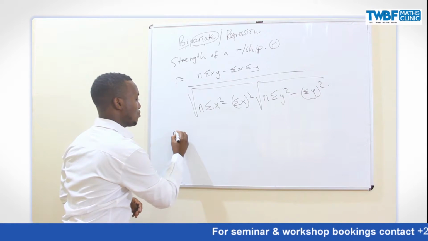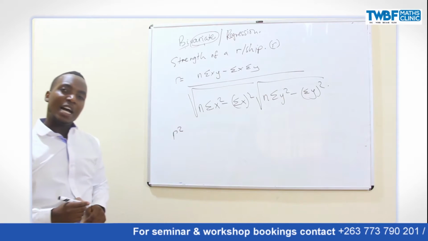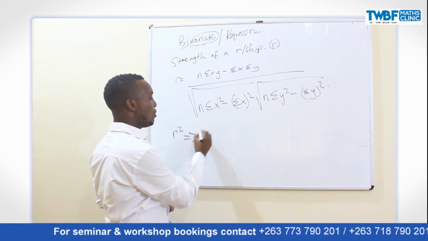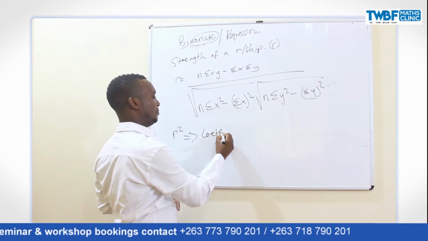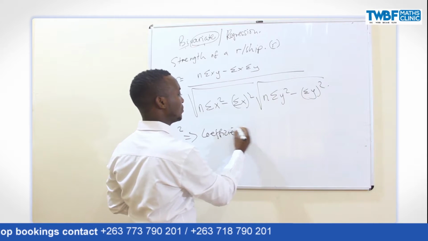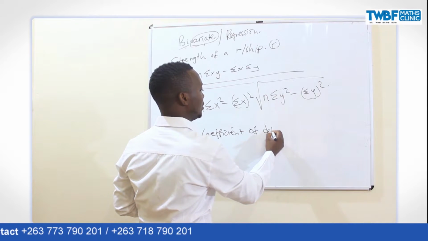Let's now go to what we call R squared. R squared is called the coefficient of determination.